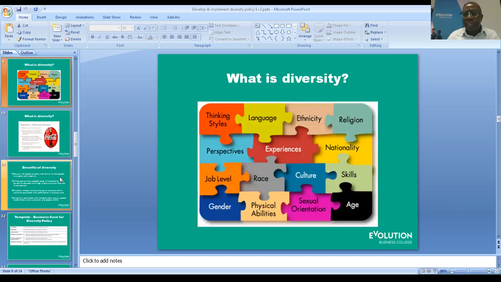People come from different nationalities, different races, different job levels, cultures, skills, physical abilities, sexual orientation, ages, and gender. So you've got this potpourri of things that make diversity.